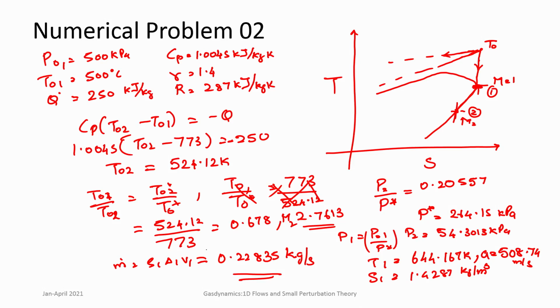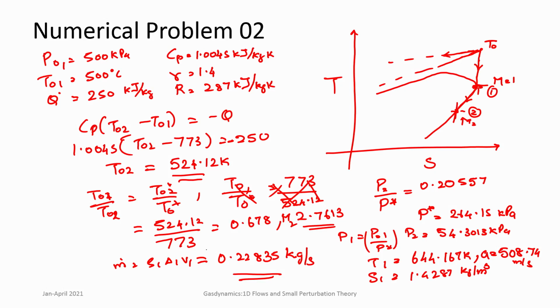Okay, so this was a different kind of problem where there was heat removal. It is negative heat that is taken out, minus q dot, that is 250 kilojoules taken out. So, therefore, T02 reduces, that has to be understood here, and we should be careful when we look at this problem, because the direction of heat transfer is in the opposite direction, but it is starting from the reference value.